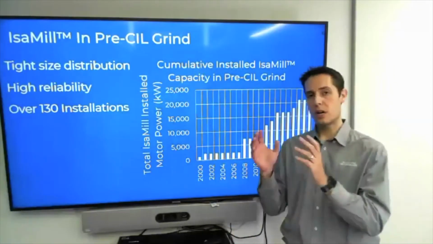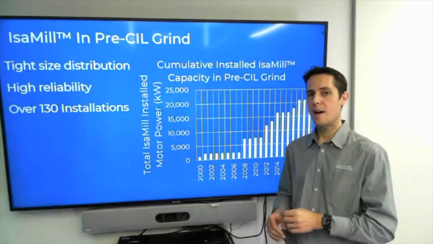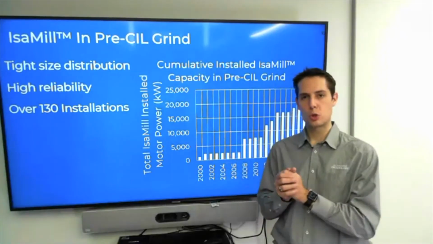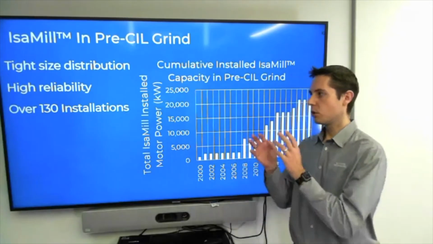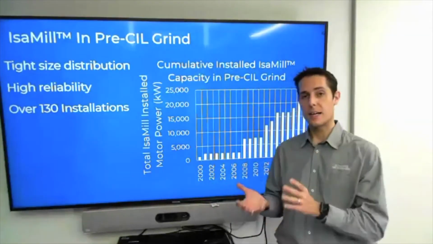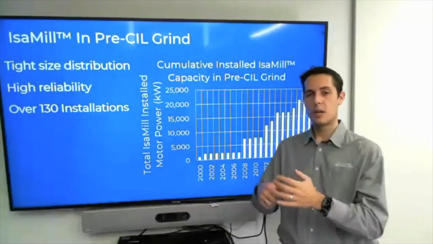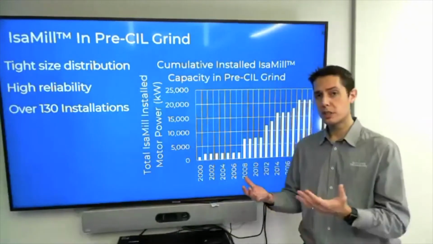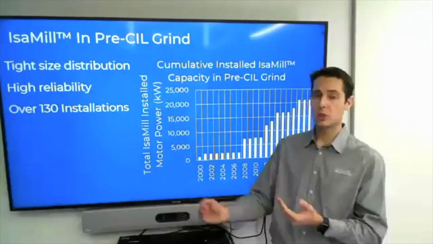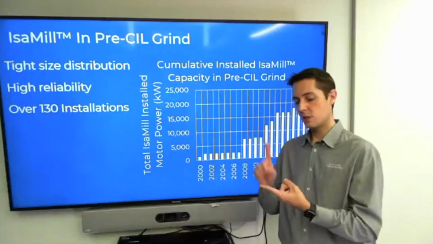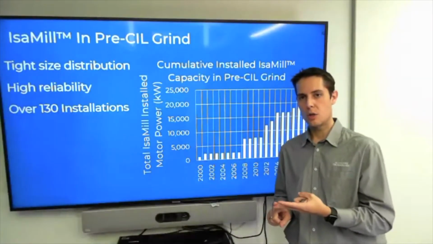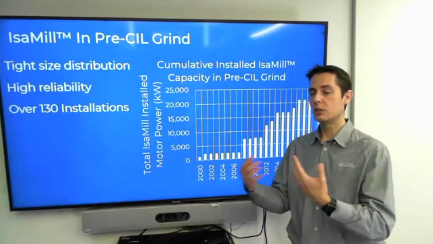This is because the IsaMill technology is able to deliver very tight size distribution, fine grinding with very high efficiency, and you're able to then liberate that gold, which is located within the ore. So really, when you think about what the IsaMill is able to achieve, it's just doing what we achieve with flotation cells. It's liberating, accessing that gold, and being able to put it into operation.